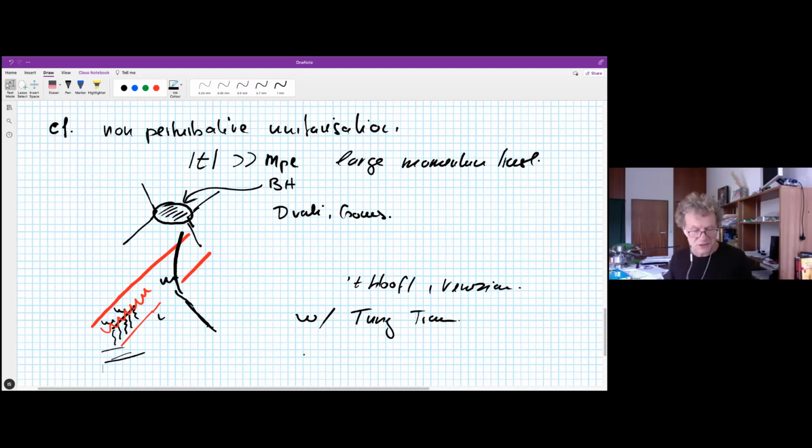I'm not going to follow this route here at all, because I'm going to talk about string field theory, but it's always good to also ask, am I actually trying to solve a problem, or am I trying to solve a hypothetical problem?